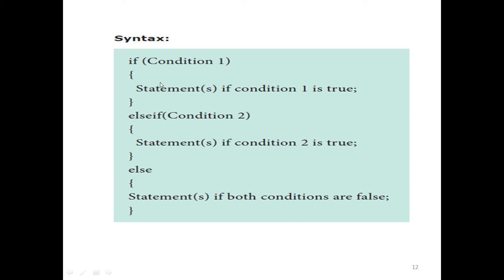It means once again, if condition 1 is true, it goes to statement 1. Suppose it is not true, it goes to the else if condition 2. If it is false, both are false, it means condition 1 and condition 2 are both false, it goes to the else part. It means the statement for when both conditions are false.